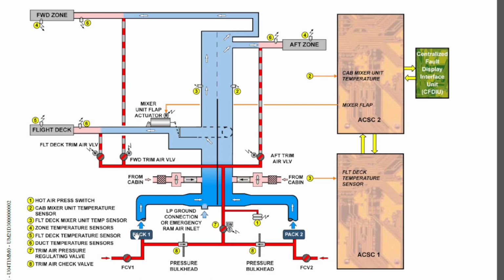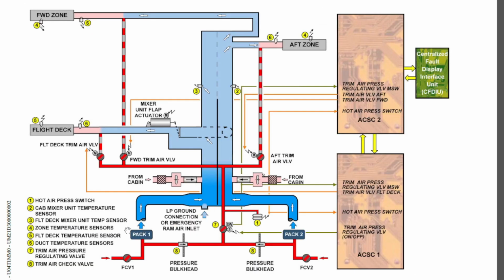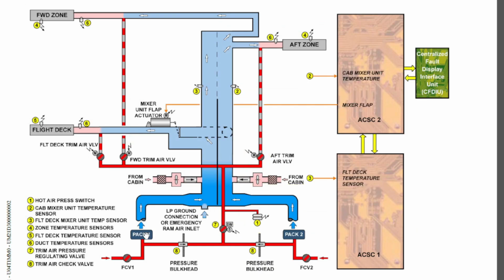You can see that after pack 1 and pack 2 there are two arrows. These two arrows are the output from the packs. It is this arrow. Here it says to mixer unit, and what you see here is that same arrow.